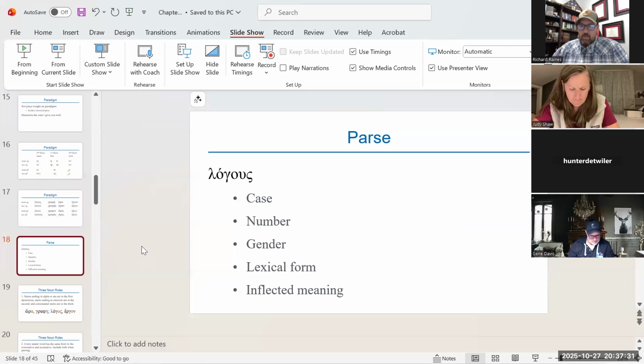But whenever I tell you to parse a word, I'm looking for case, number, gender, lexical form, and inflected meaning. Because it's not in a sentence, you're going to put just words if it's plural. If it's genitive or dative, which we're going to see in just a minute, you would translate it differently.